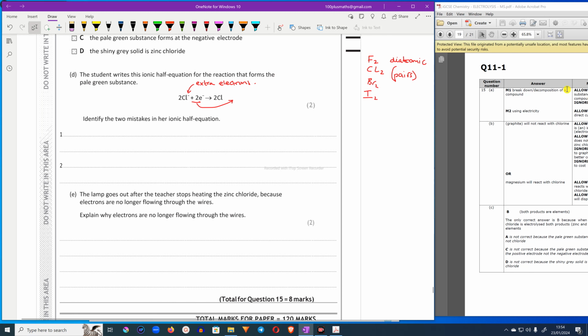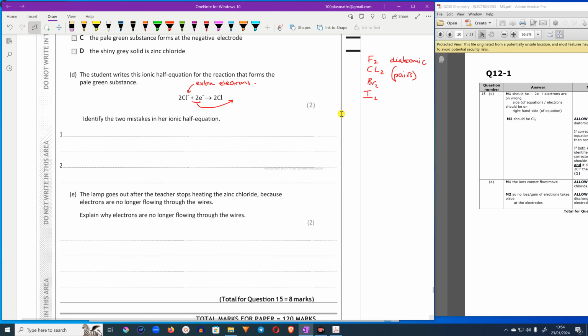Yeah. So what can we say? Let's have a look. Okay, right, there's two ways of answering this. We can say it should be minus 2 electrons, or we can say it should be on the other side of the equation, or the right hand side.